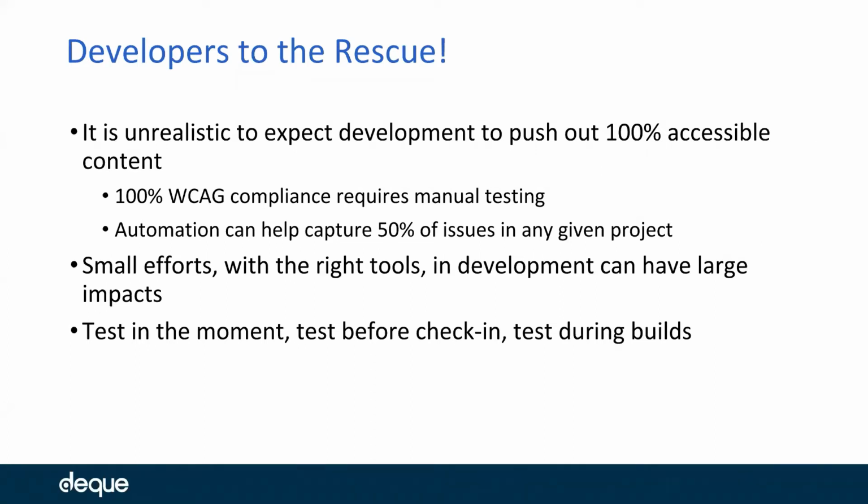So what we're saying is that small efforts with the right tools in development can have large impacts. That empower developers to test while they're developing, to test before they check their code in at any given point, and then to test through the automated structures that may already be in place organizationally.